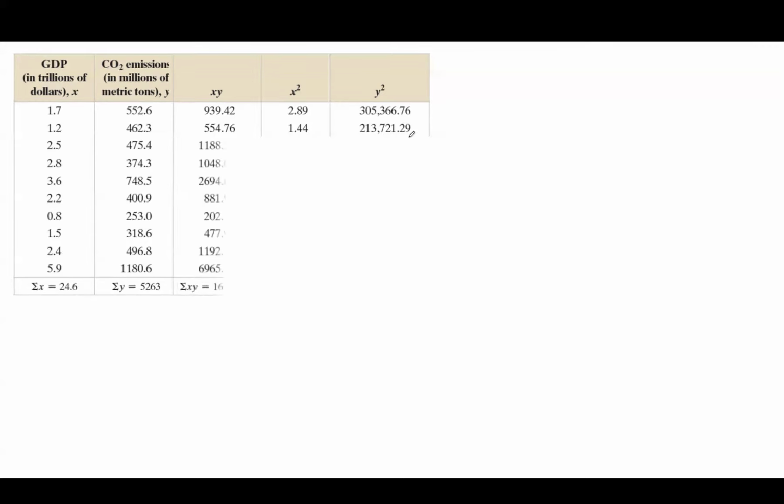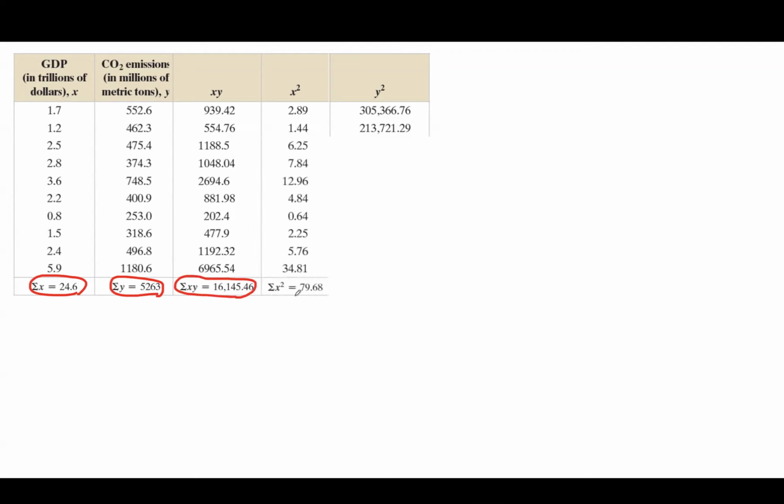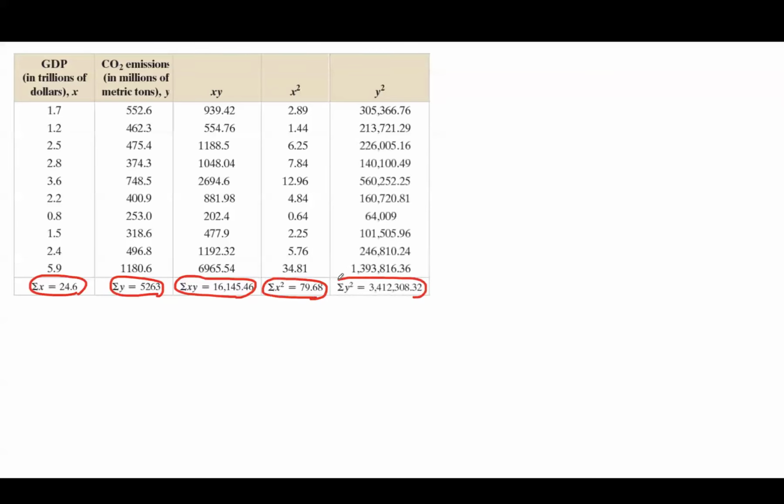You're going to just repeat this process for each value. Find the sum of all x values. Find the sum of all y values. Find the sum of all x multiplied by y's. Find the sum of all x squared. And finally, find the sum of all y squared.